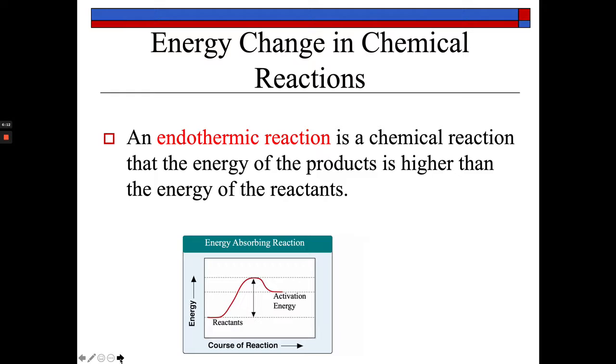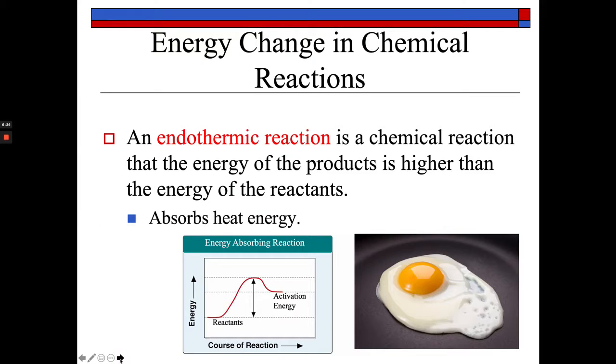The other type of reaction is an endothermic reaction. And in an endothermic reaction, the energy of the products is higher than the energy of the reactants. So think of an endothermic reaction as something that absorbs heat or takes in the heat energy. This would be the type of reaction that bakes our cookies.